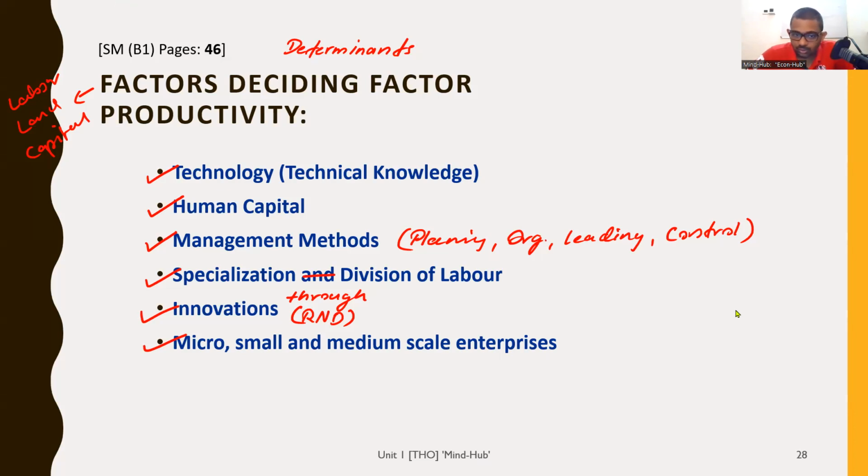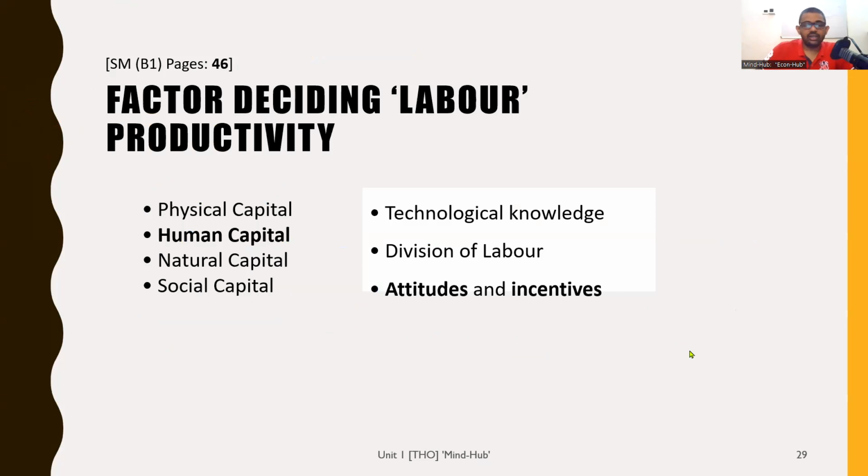Right, now we are going to talk about certain things that are unique to labor productivity. Labor productivity, as I said, is special. Right. When it comes to labor productivity, the determinants of factors deciding labor productivity here. Now, I'll just identify the things we already have, right? Human capital we talked about earlier, right?